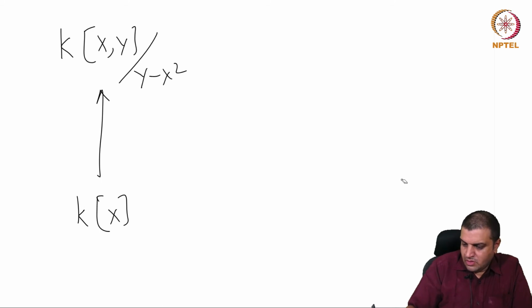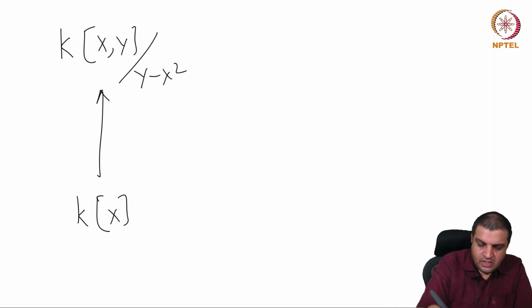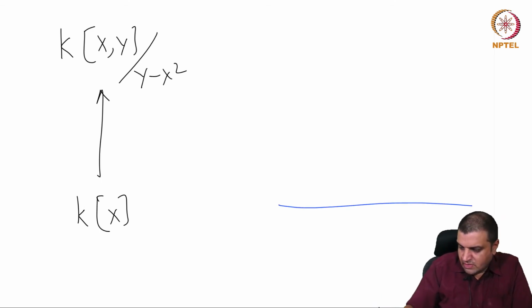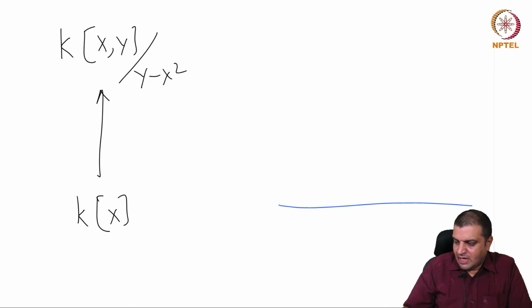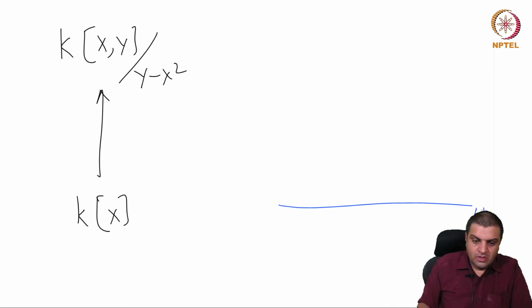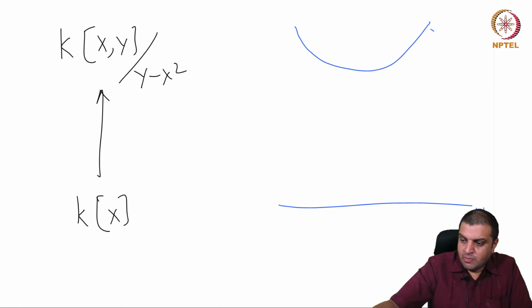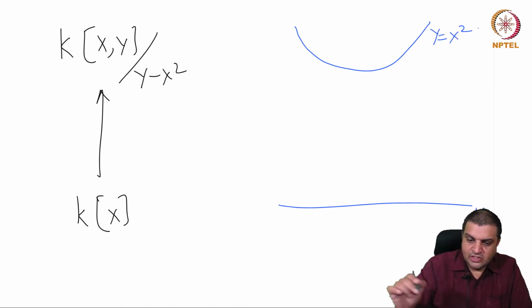So here, the max spec of this is just one line, meaning it is just K1. Here is this parabola, y equals x squared.